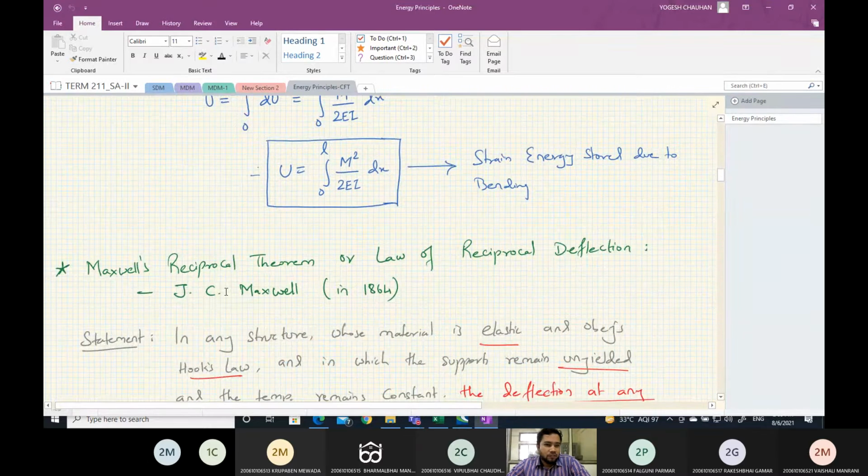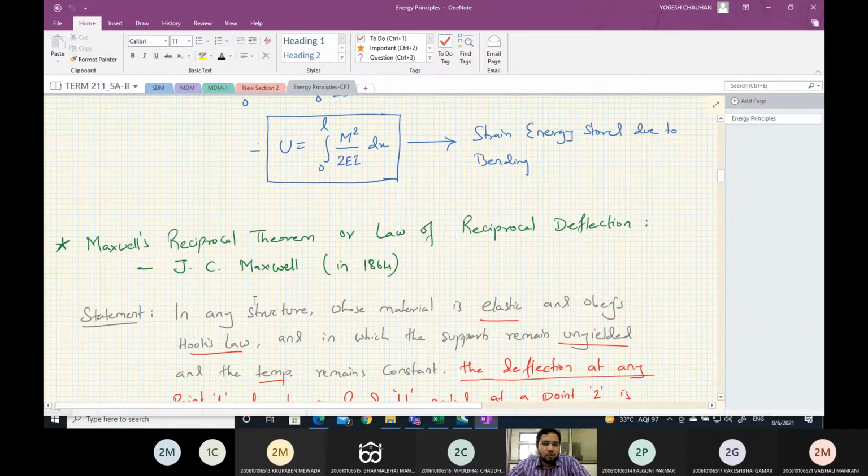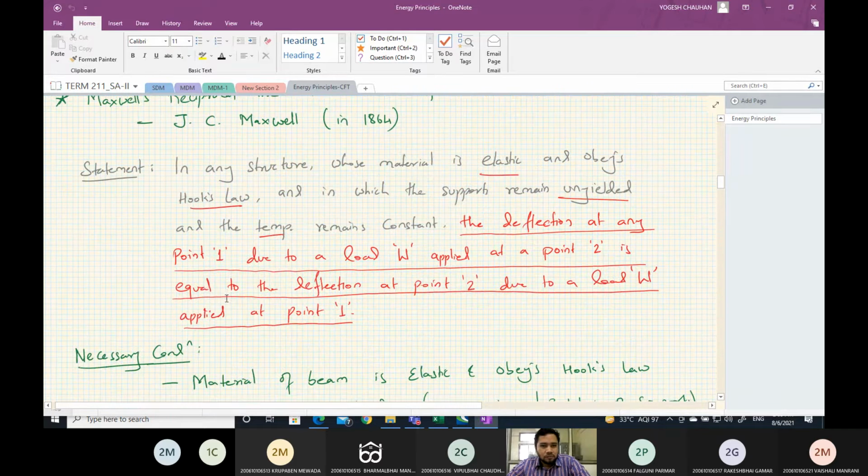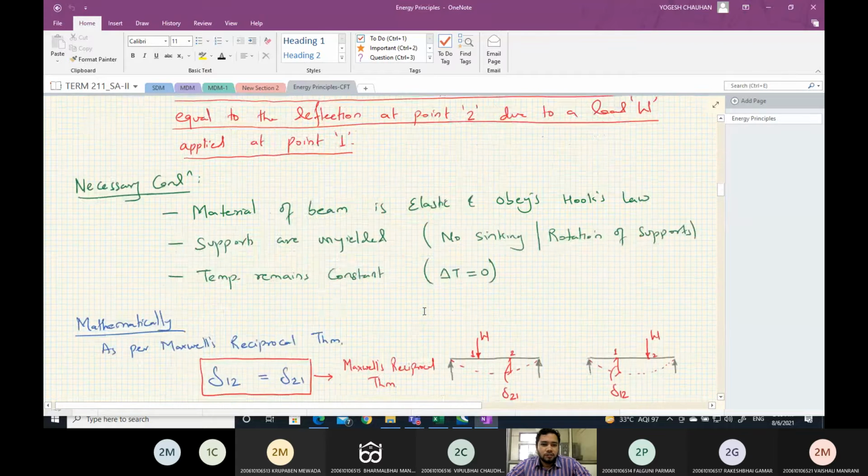Then we saw Maxwell's reciprocal theorem, or the law of reciprocal deflection, given by J.C. Maxwell in 1864. The statement of this law is: in any structure whose material is elastic and obeys Hooke's law, and in which the supports remain unyielded and temperature remains constant, the deflection at any point 1 due to a load W applied at point 2 is equal to the deflection at point 2 due to the load W applied at point 1.